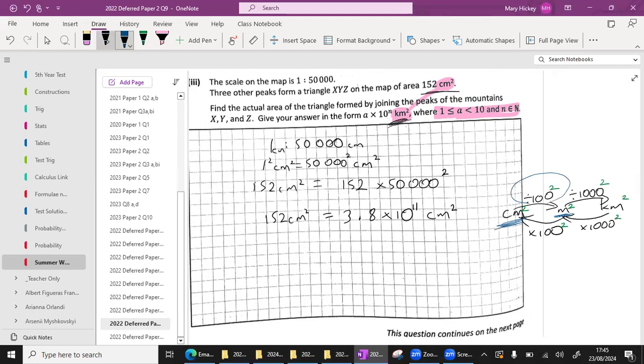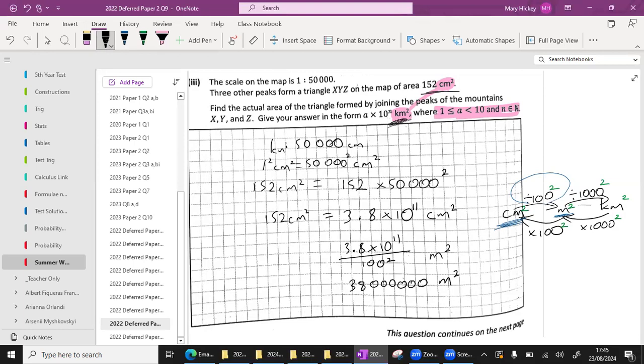So we might do that first. I am going to divide the figure that I have by 100 squared, and that will put it in meters squared. So I'm going to do that first on my calculator. Now that gives me 38,000,000 meters squared.